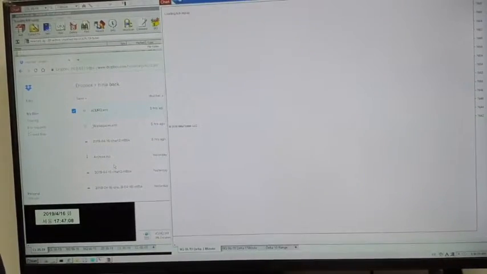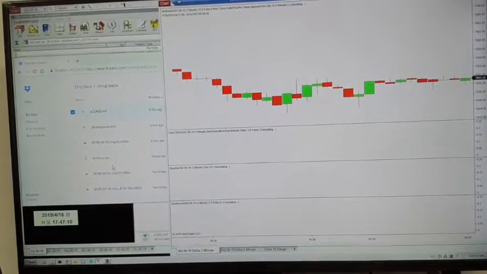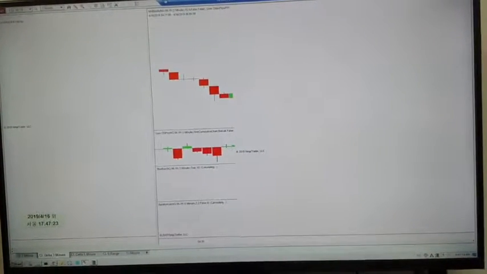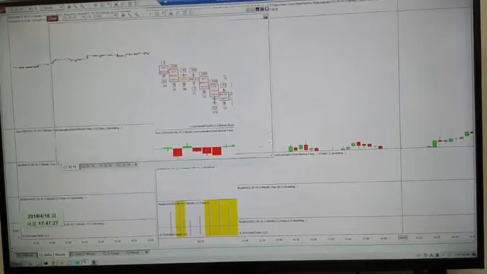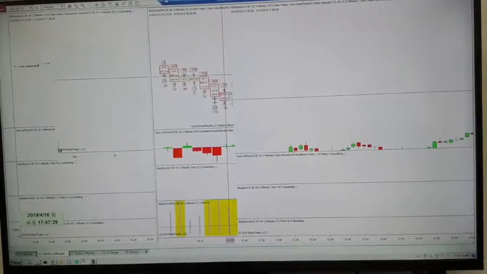It takes a while to calculate because there's a lot of data of the buying and selling. It's data intensive. Let's see if this one has the signal plotted.